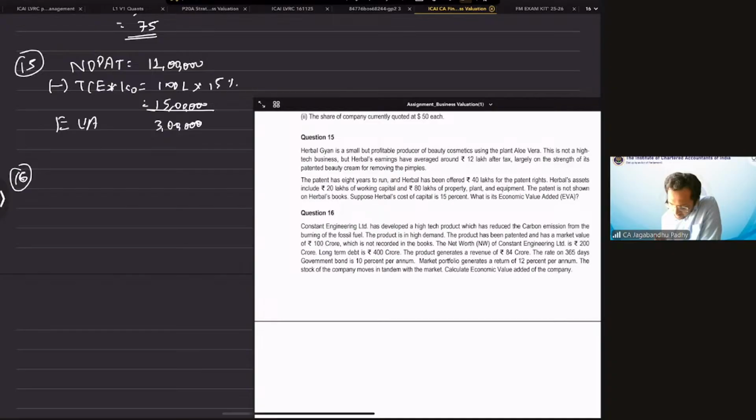Whatever is the capital employed, that is only going to be considered. The patent is not something which the company has invested in. What has been invested in the company is the working capital and the property, plant, and equipment. Okay, so that's not capital employed.